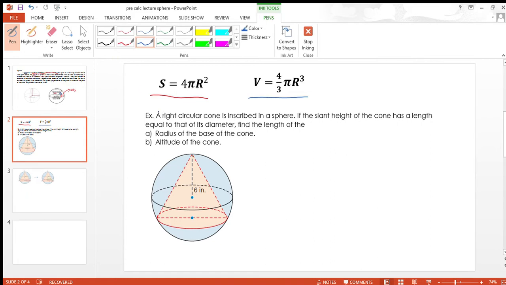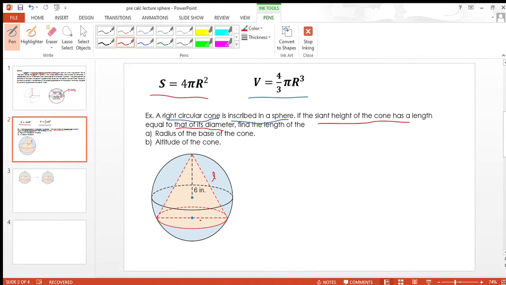The problem goes: a right circular cone, we have already discussed what this is in the previous section, is inscribed in a sphere such that the slant height of the cone has length equal to its diameter. The slant height of the cone: in this diagram, if that's the cone inscribed in your sphere, this will be your slant height.